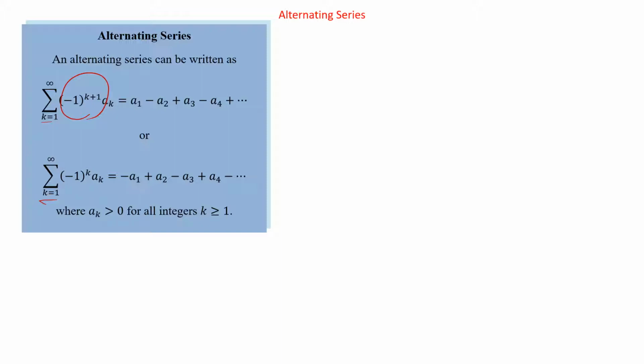If you start at k equals 0 or k equals 2, then the bottom one would end up being a positive, then a negative, then a positive, then a negative. But you can always just plug in the numbers: -1 to an odd power is negative, -1 to an even power is positive. Anyway, so we get alternating series.